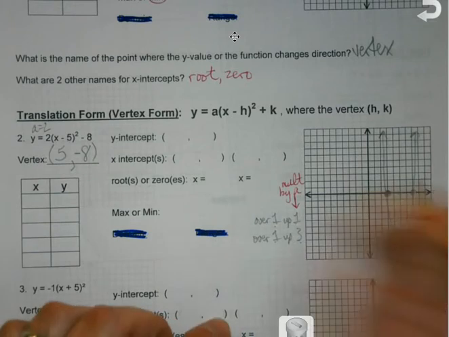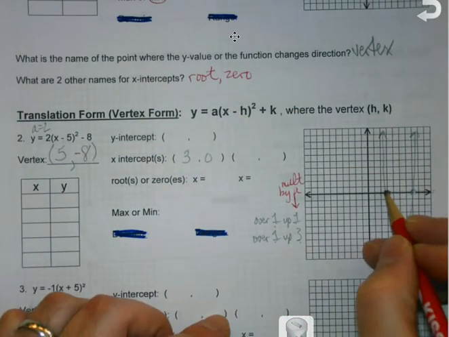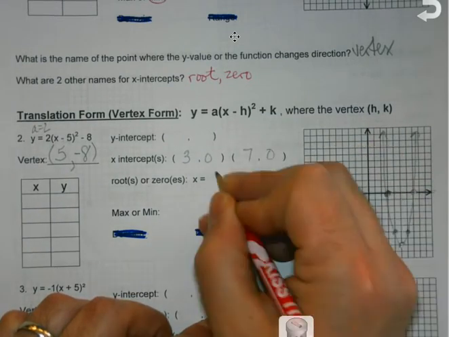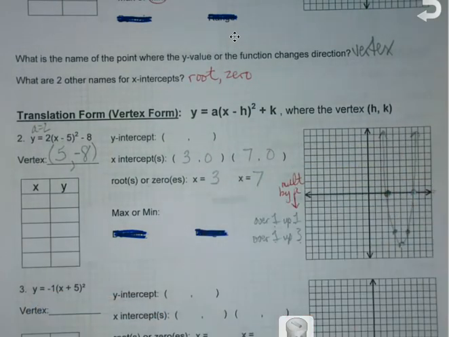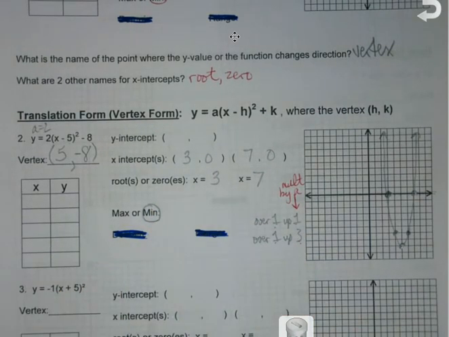One here at 3, and then 4, 5, 6, 7. And those are also my roots, or my zeros. Those are my solutions to this. It's opening up, so I know my vertex is a min this time.